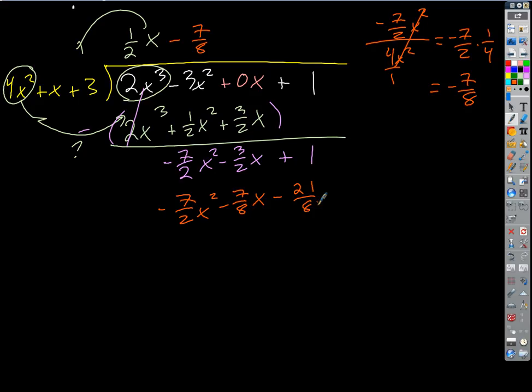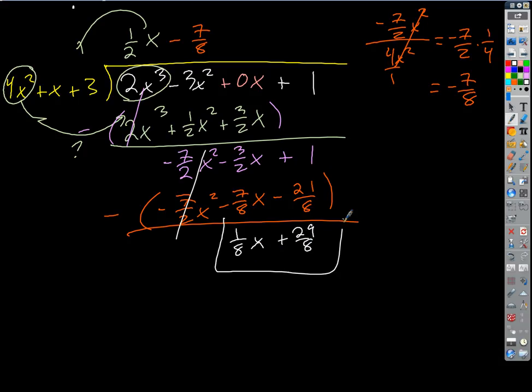I'm going to subtract the whole thing. Those go away. Negative 3/2 x minus negative is plus 7/8. So negative 6/8 plus 7/8 is just 1/8, right? So I'm going to get 1/8 x, and then 1 minus negative, so plus 21/8, is 29/8.